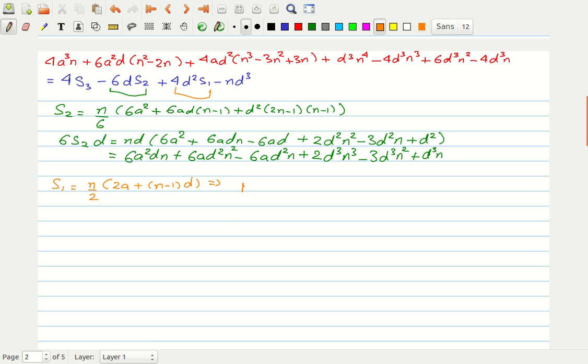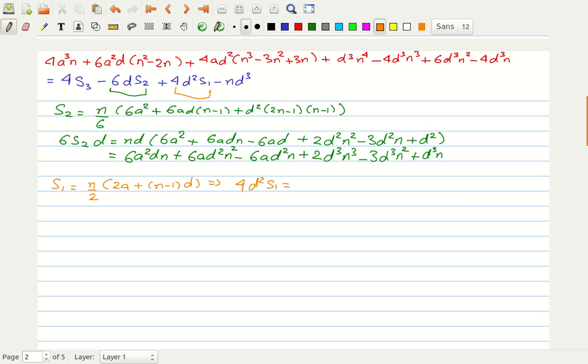What is 4d square s1 going to be? We simply multiply this by 4d square.